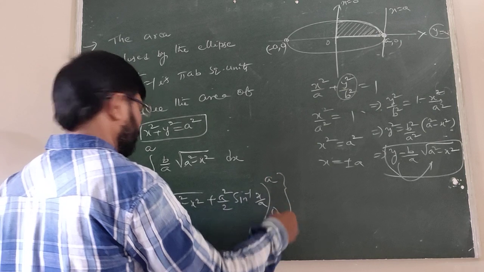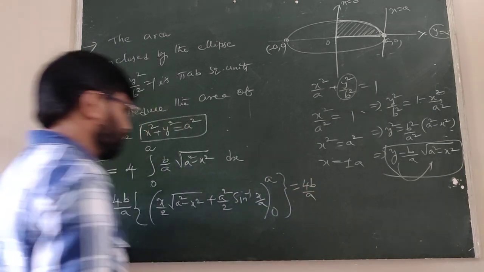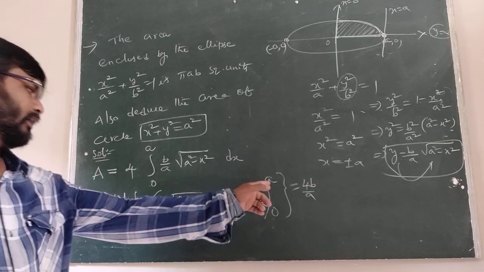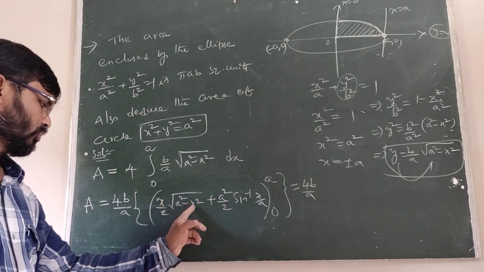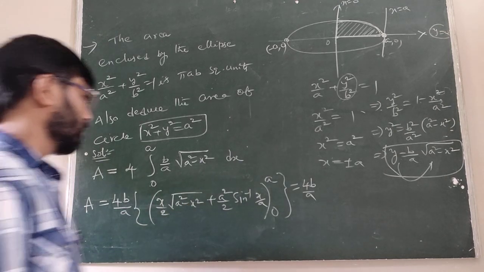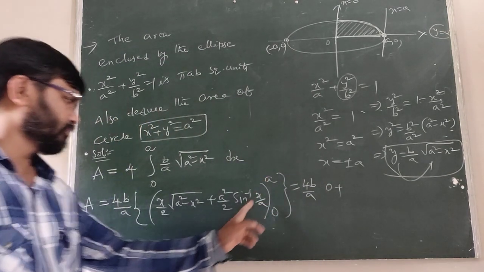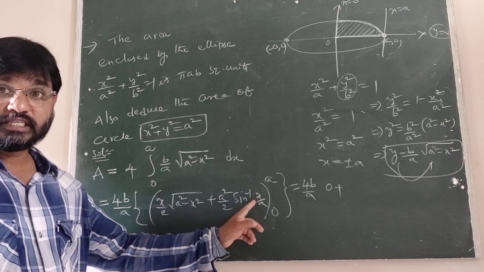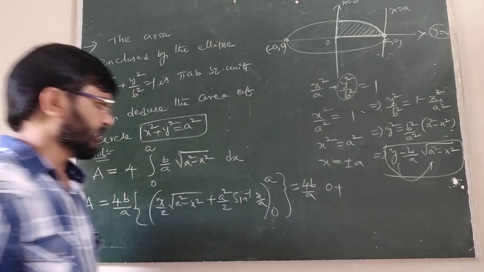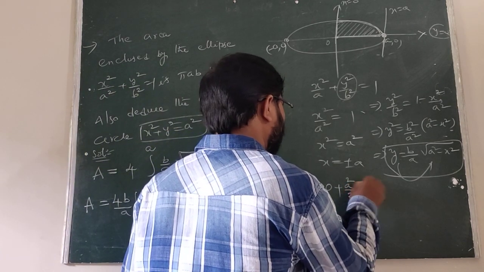The limits are 0 to a. Now this can be written as 4b by a, substituting x equal to a: a by 2 times root of a square minus a square, which is root 0, so that term is 0. Then a by a is 1, and 1 is the value of sine 90, so sine inverse sine cancels to 90, giving a square by 2 times pi by 2.